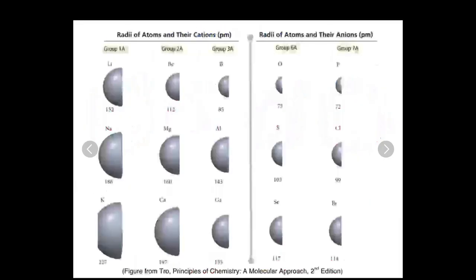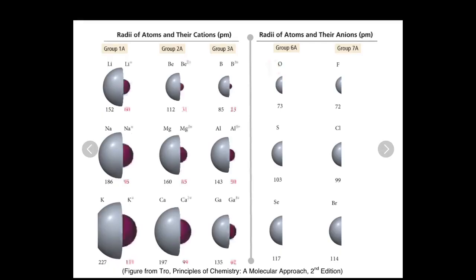And if you look at the picture here, you will see the comparison between cation versus anion in comparison to the neutral atom. These are neutral atoms indicated in green and gray. For cations, you will see that the size becomes a lot smaller because you minimize electron repulsion, and sometimes you also get rid of the energy shells, so the size gets smaller.